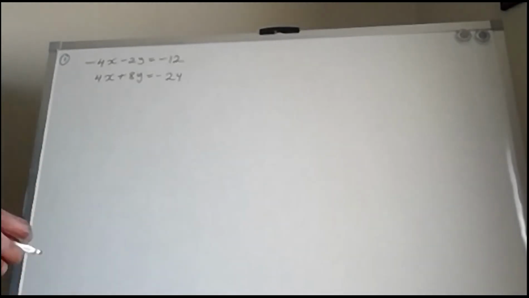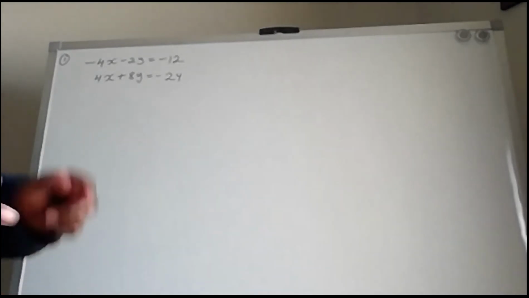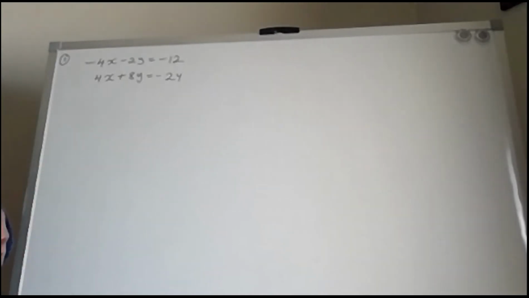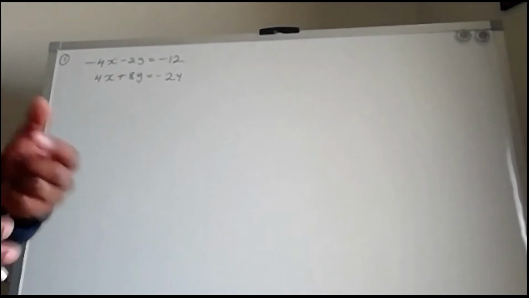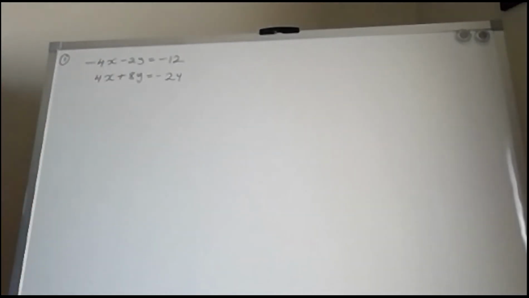The first thing you're going to want to do here is to look for a variable to eliminate. Now, you'll notice that there are two variables, and by variables, obviously we mean the letters, right? Our two variables here are x and y. Now, the goal is to eliminate one of the terms with either x or y, okay?